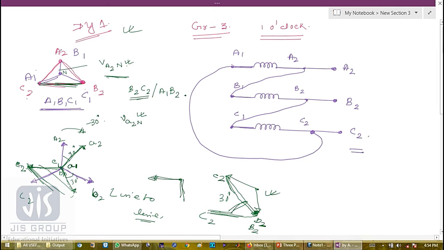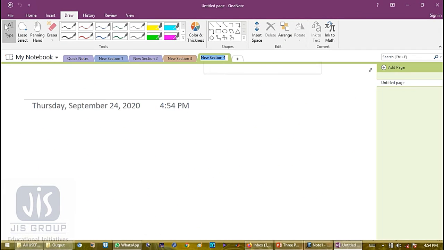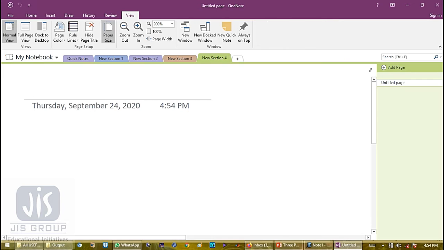So this part you will draw with a scale, it will be a better picture. Forgive me, I am not an artist. Now let me draw the Yd1 connection. The last one of this third group is the Yd connection, a star delta transformer with 30-degree lagging position. Let me draw this equilateral triangle first.